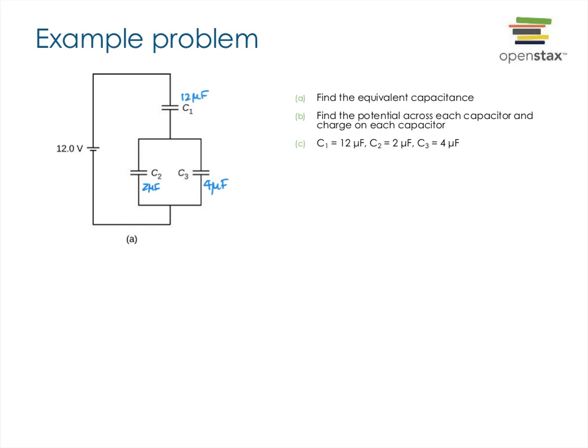All right, the first thing that I'm going to tackle is I'm going to look at these two because they're in parallel. I'm going to find the equivalent for those, which is just simply found by adding them. And then I will redraw this.